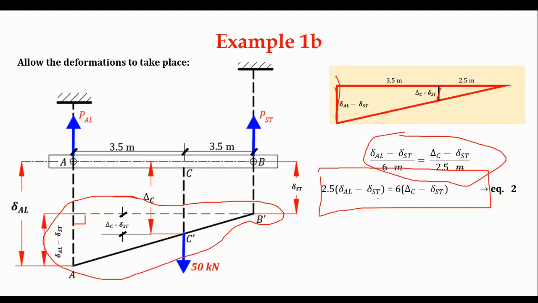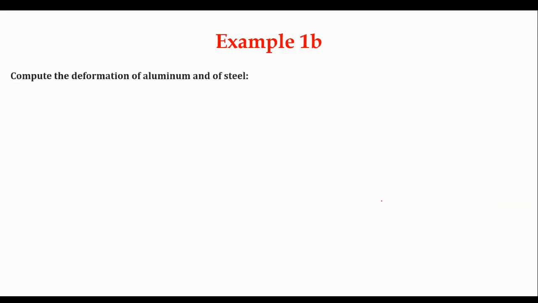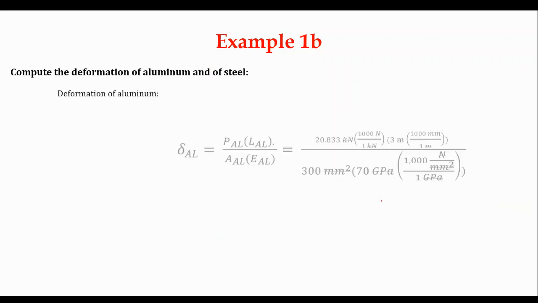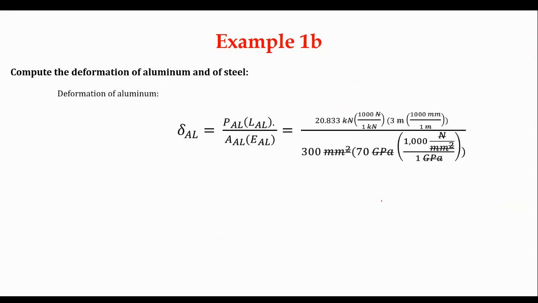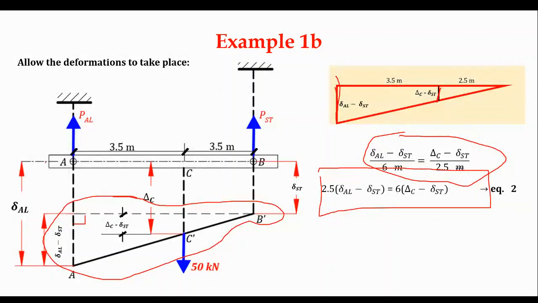So what's left for us is to solve for the values of these. So what is the value of the deformation of aluminum or steel? It is PL over AE, because that is a material. Again, I repeat, the rigid bar, ACB, bar AB, is not PL over AE because it is rigid, no deformation.